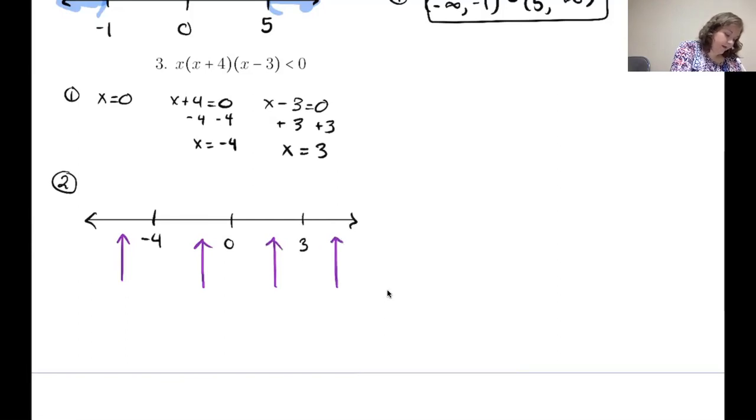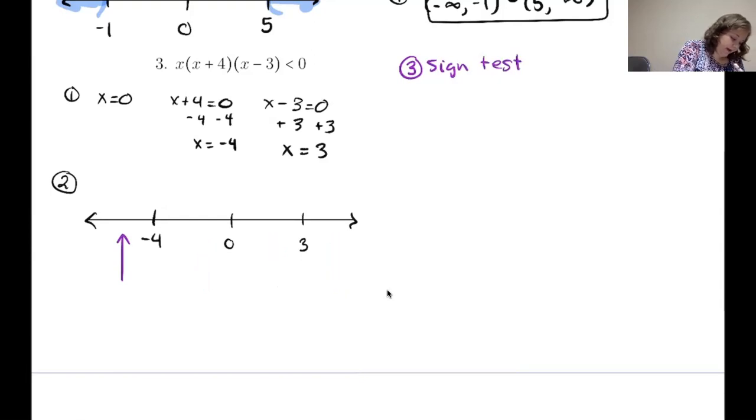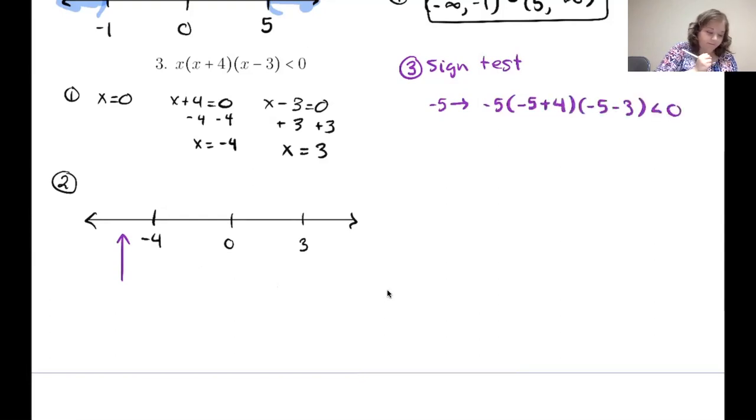Okay. So from the first one, if we do step 3, which is the sign test, the first interval that we will look at will be the -infinity to -4 interval. So we'll pick something less than -4, so I'll pick -5. The -5, -5 plus 4, -5 minus 3 is less than 0.